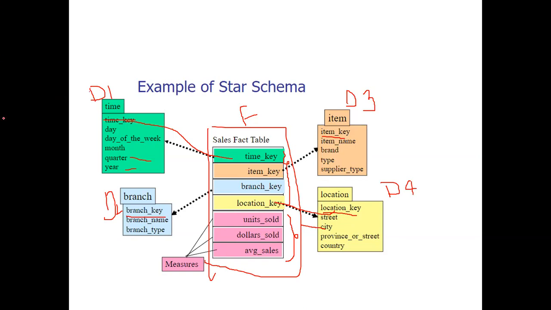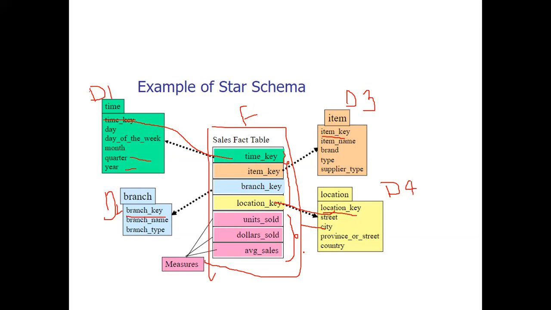Suppose I say Johnson and Johnson brand, in the city of Hyderabad, in 2020, what was the sale? So what I will do, I'll join these and get the value, right? As it looks like a star, this is called a star schema, where one fact table has multiple dimension tables associated with it.